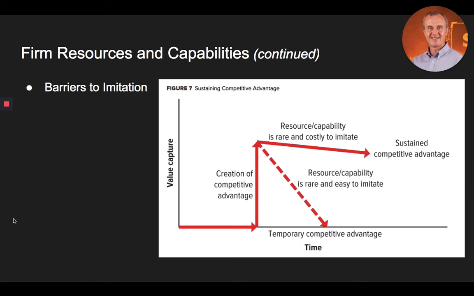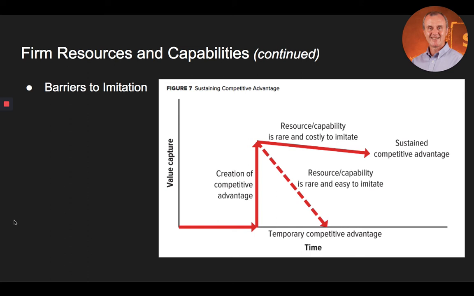Through imitation, a rival would reduce the uniqueness of the firm's value creation and its competitive advantage. However, if a resource is rare and costly to imitate, then the source of value creation is unique today and into the future. The firm is thus able to generate a sustainable competitive advantage.